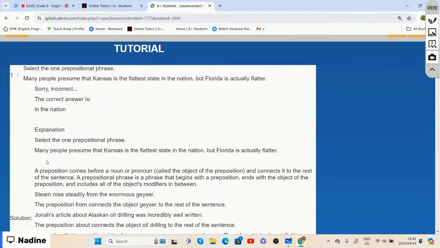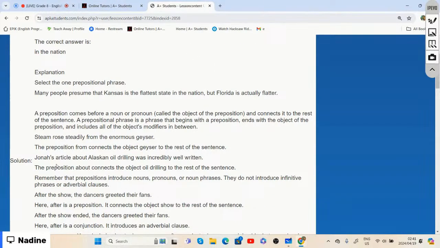It begins with a preposition and it ends with the object of the preposition. Also it connects the objects to the rest of the sentence. Remember that prepositions introduce nouns, pronouns, or noun phrases.